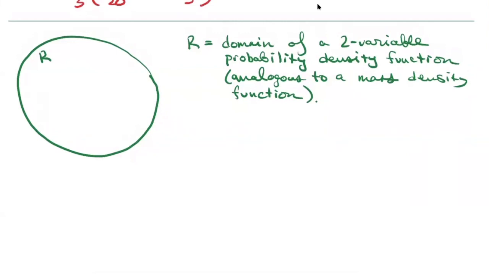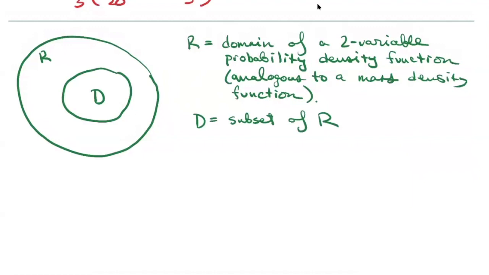Let's go ahead and do a domain. So we're going to do a region inside of R. So D is a subset of R. And (x, y) is a random point in R, a random point in R. And I have to give a probability density function.